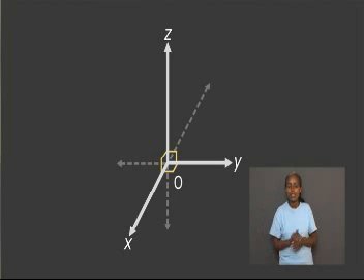The plane determined by the x and z-axis is called the xz plane, and the y and z axes define the yz plane. These three coordinate planes let us plot any reference point in 3 dimensions.